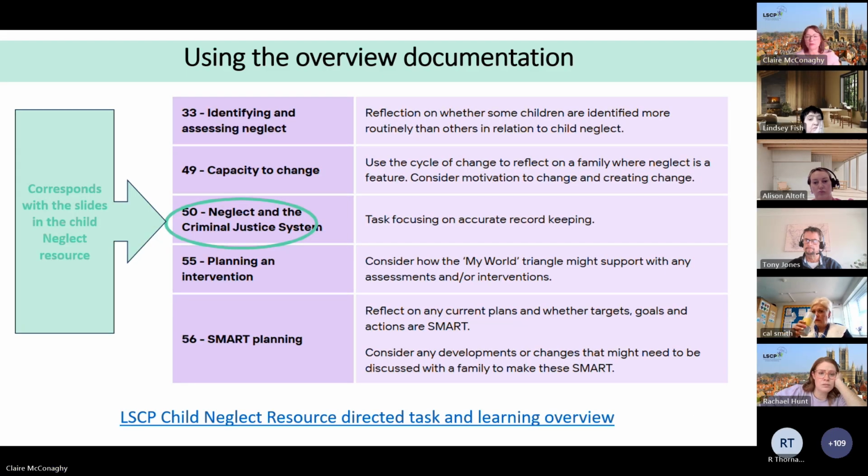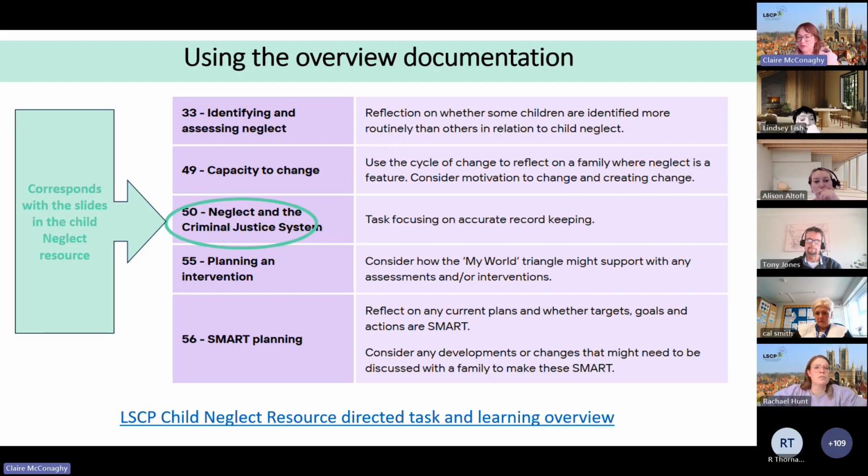So what we've got is a column that's describing what the learning experience would be, and then you can also see the relevant slide to find it within the resource. So we hope this is useful for you, and something that you access.